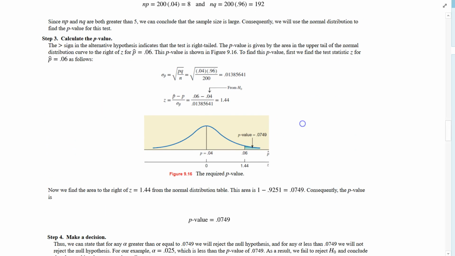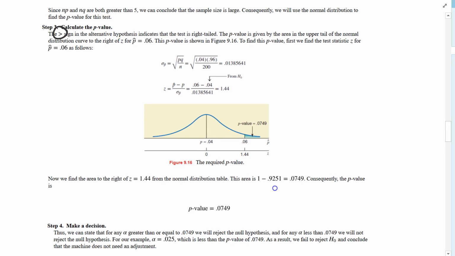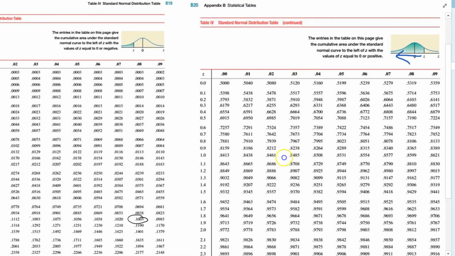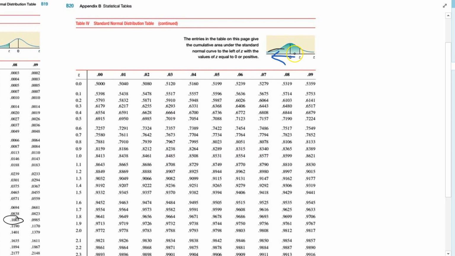Your book goes through an example where it does a one-sided test for a greater than sign, and it looks for this p-value here. The p-value is going to be the area corresponding to the z-value of 1.44, the area to the right of the normal distribution curve.